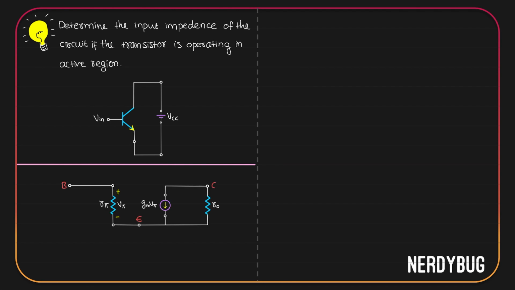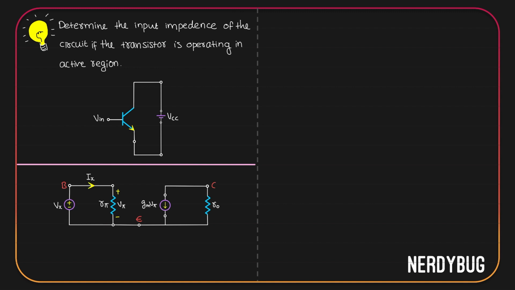I have also included early effect to show that there is a resistor R0 between the collector and emitter. We have to find the input impedance, which means the impedance between base and emitter. So I have to connect Vx between these 2 points and find out Ix.